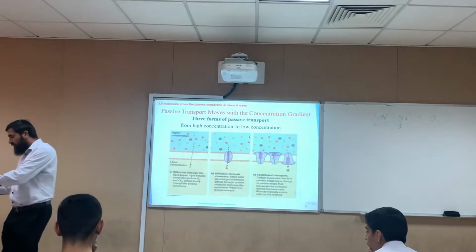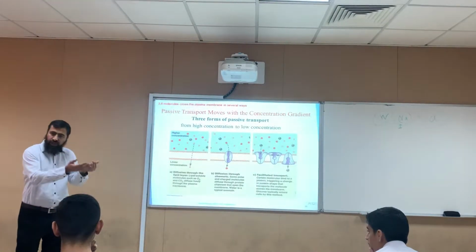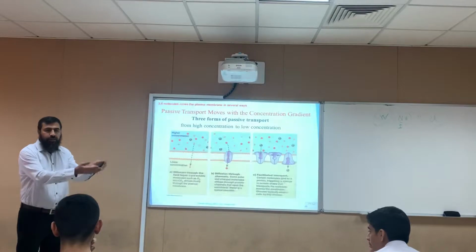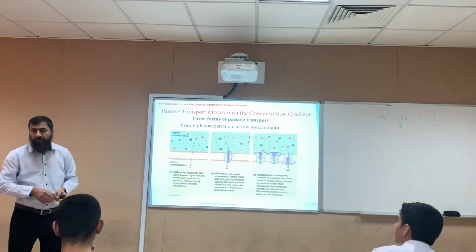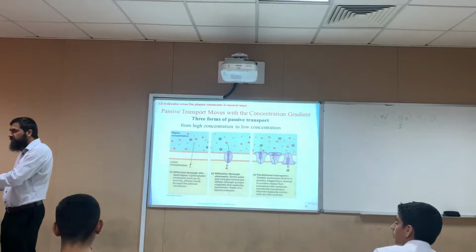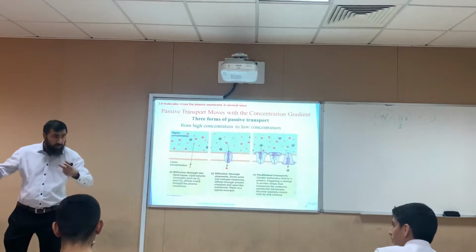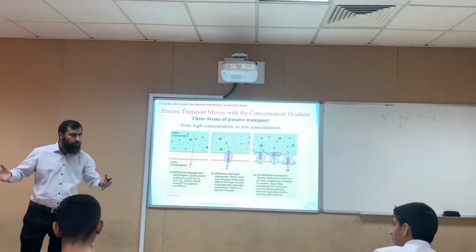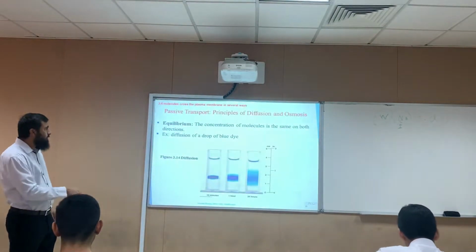Once the molecule binds to the carrier, it changes its orientation and shape, and then transports the molecule into the cell, and once it's released it turns back to its original orientation and does the same thing again, until you get an equal number of molecules on each side, what we term as equilibrium. I'll talk about that in a minute.